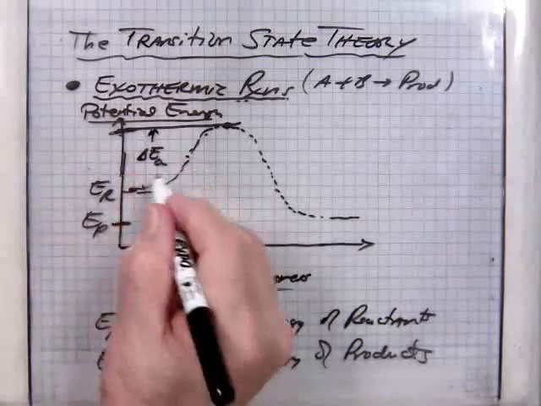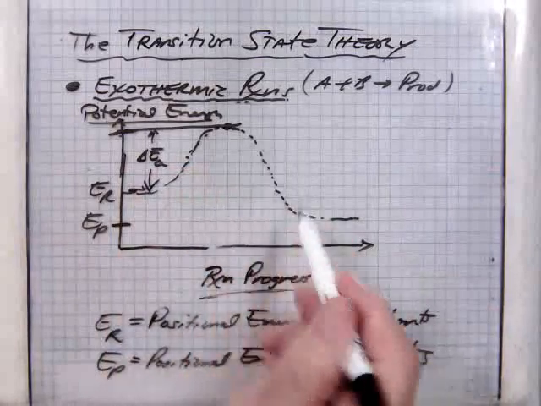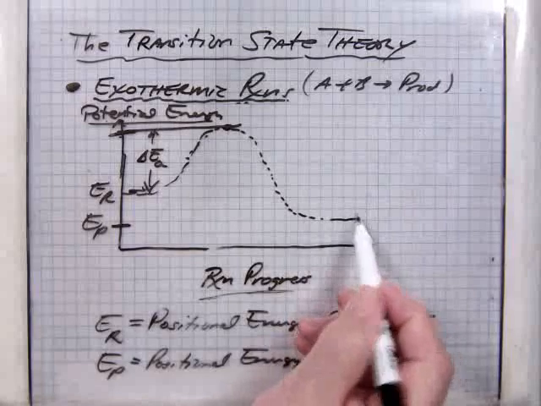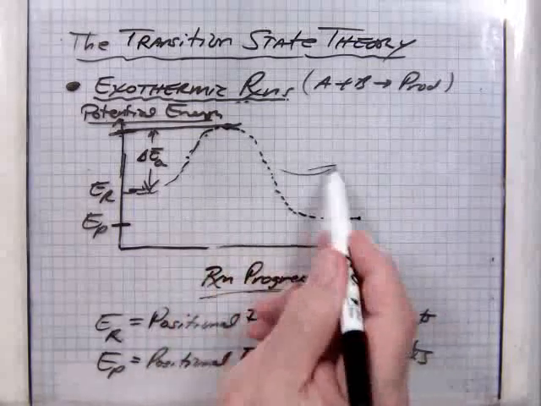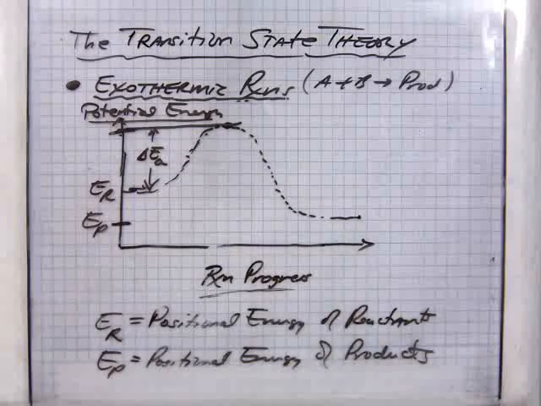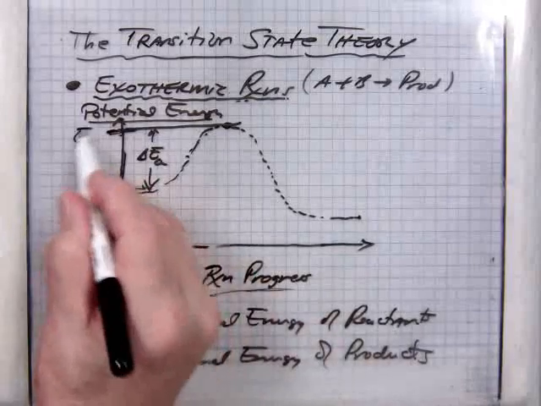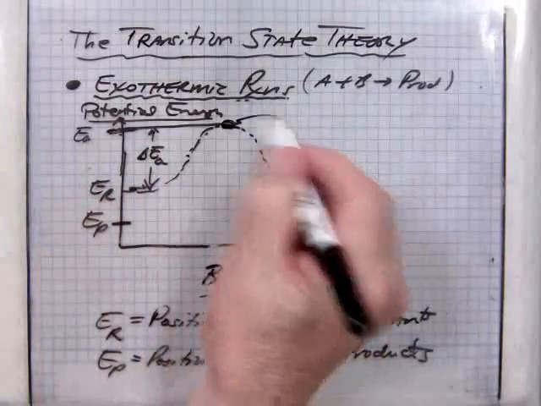Every reaction has an activation energy, whether it ends up as exothermic or endothermic, which we'll see in a minute. It'll end up over here above the positional energy of the reactant. So this is your EA point of position, and this is called the reactive intermediate.